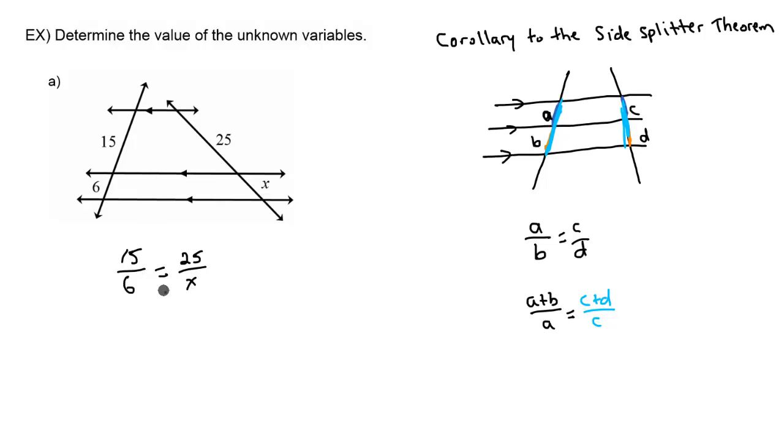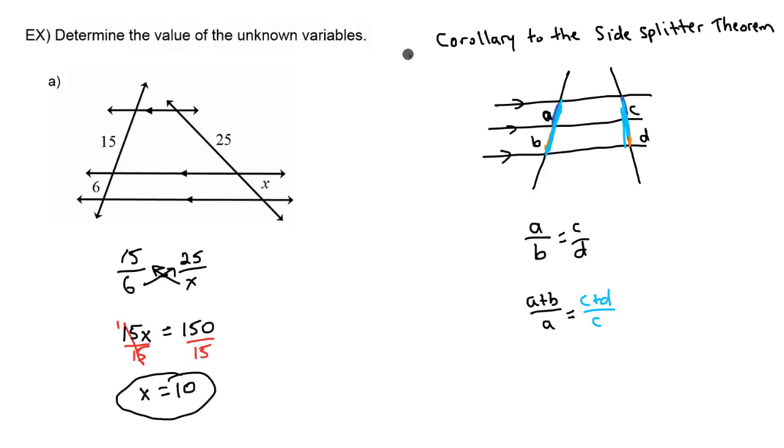So x times 15 is 15x, of course. And then 6 times 25 is going to be 150. And then we've got to divide by 15 to cancel that out because we just have a 1x. This side gets divided by 15 as well. So I'm left with x equaling 10. That's going to be my final answer.